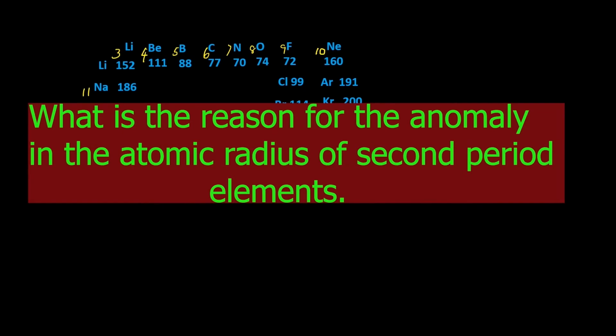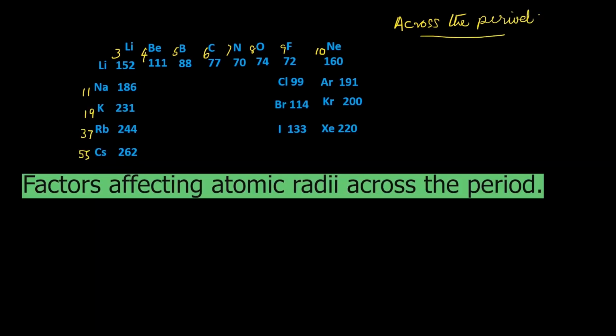In order to understand the anomalous variation in the atomic radius of second period elements, we will first understand the factors which decide the size of the atom across the period. First one, inter-electron repulsion, that is the repulsion among the electrons, especially the valence shell electrons.